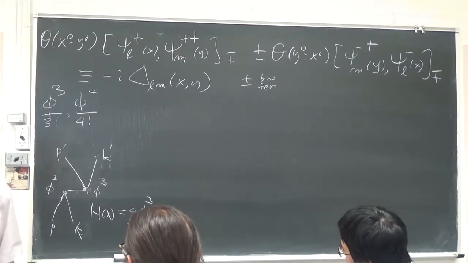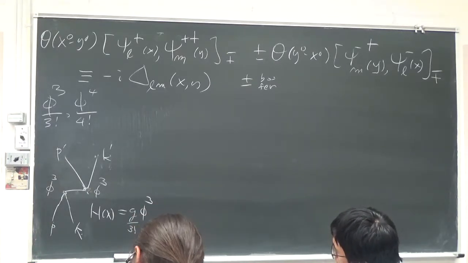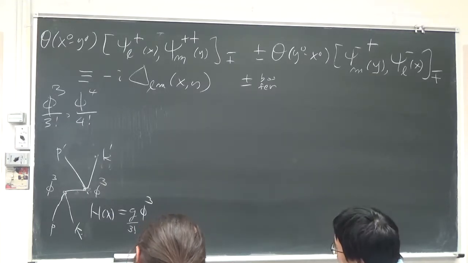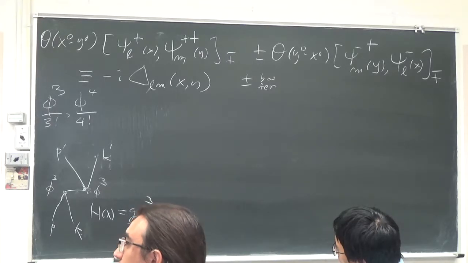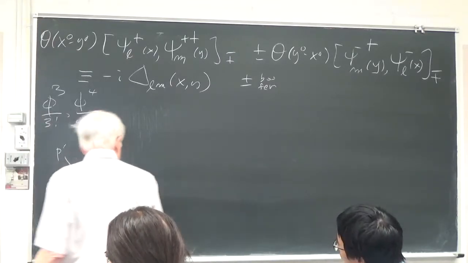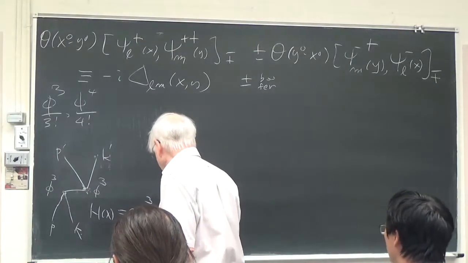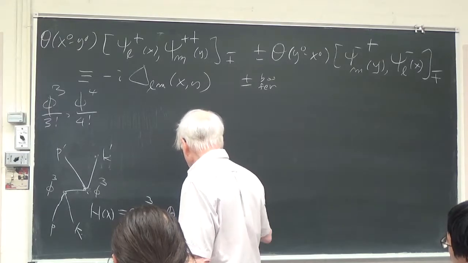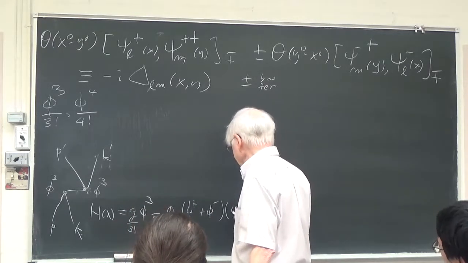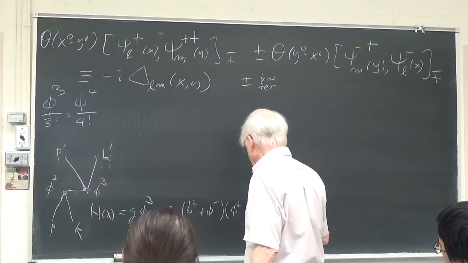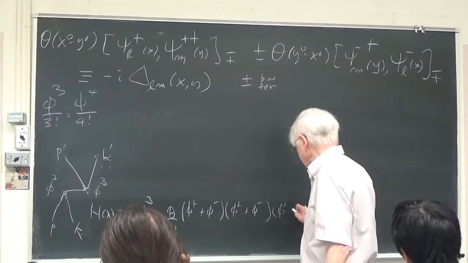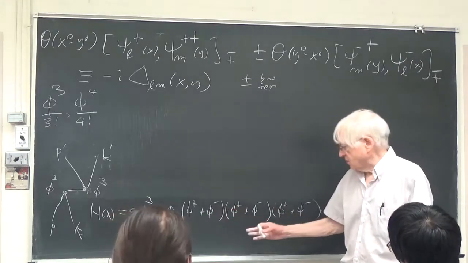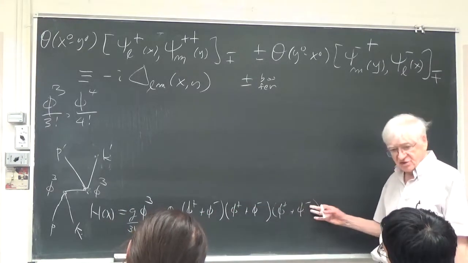Sure. So, is my interpretation right? Thinking phi cubed, you're going to have a sum of a bunch of products of 3 creation and annihilation operators. And that's sort of what you're drawing here, right? Yeah, well, let's look at this. This is like g over 3 factorial. It's going to be phi plus phi minus at one place, phi plus phi minus, phi plus phi minus. So this has annihilation operators, this creation operators, annihilation, creation, annihilation, creation.